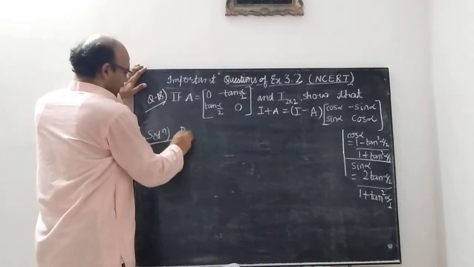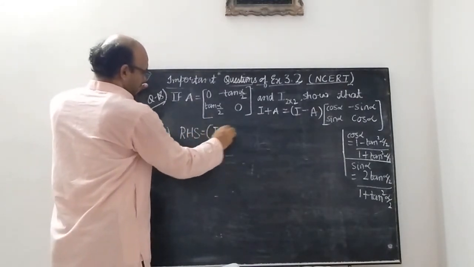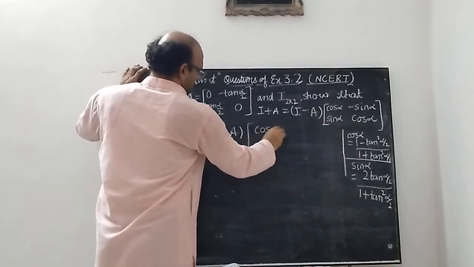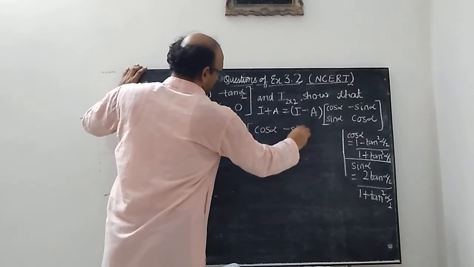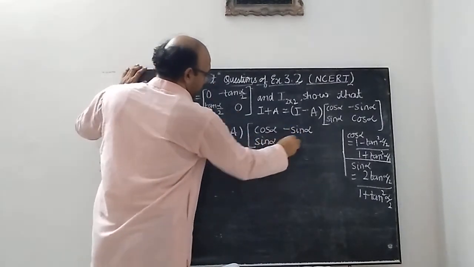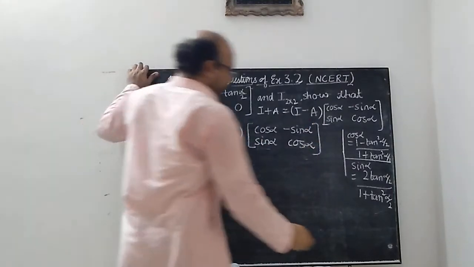So we start with RHS. RHS is I minus A into cos alpha minus sin alpha, and then you have cos of alpha.